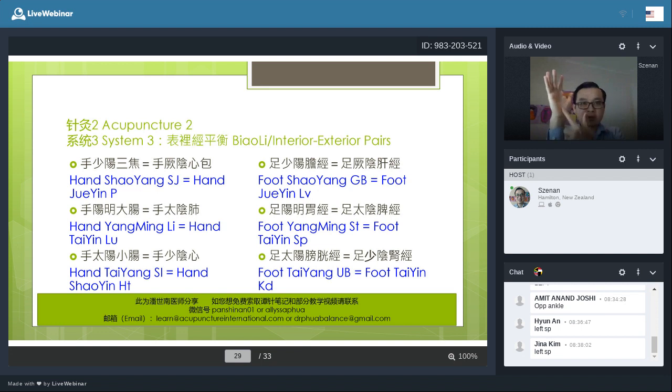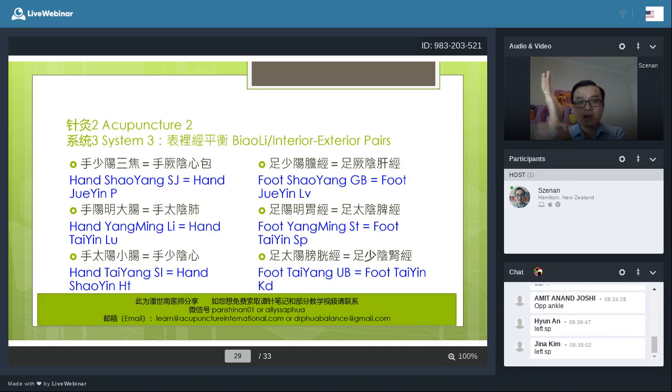In the middle is the pericardium meridian, and between those two yin meridians is the 三焦 meridian, 少阳三焦. So this middle meridian, 三焦, can balance the 心包 pericardium meridian.